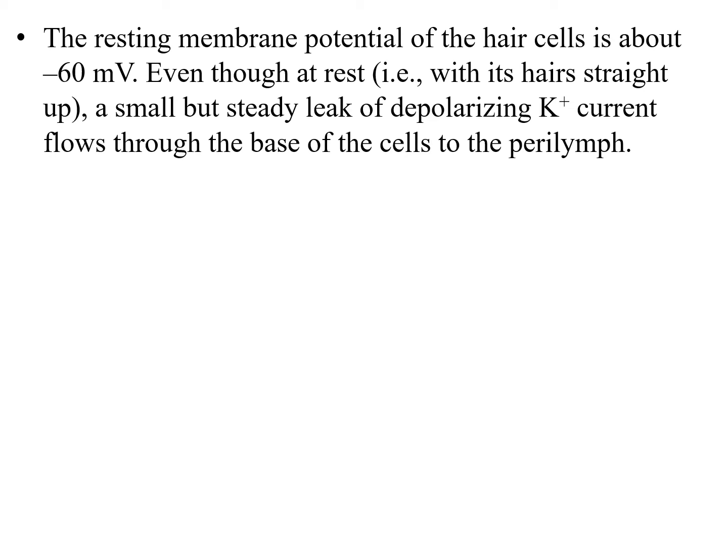As I have said earlier, the tips and the tops of the hair cells are bathed in endolymph, while the bases are bathed in perilymph. Perilymph is just like extracellular fluid, so it has very low potassium concentration, and so a steady potassium leak is always occurring through the bases of the hair cells, and it pushes the potential towards the positive side.